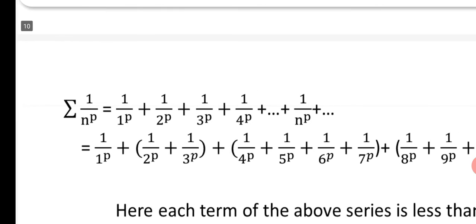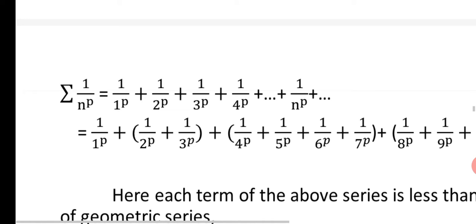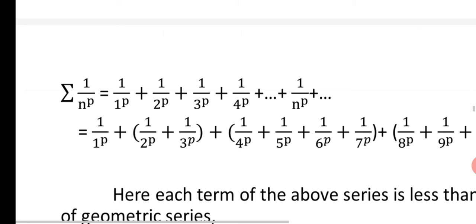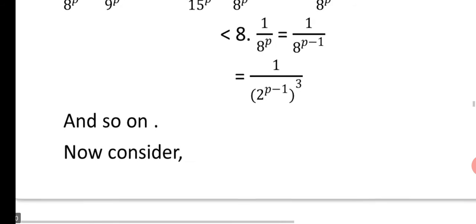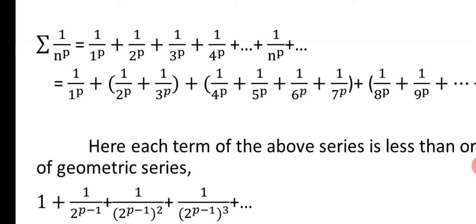Now consider the given P series, which can be written as summation 1 by n to the power of p is equal to 1 by 1 to the power of p plus 1 by 2 to the power of p plus 1 by 3 to the power of p etc. Using these results, this is equal to 1 by 1 to the power of p plus 1 by 2 to the power of p plus 1 by 3 to the power of p plus 1 by 4 to the power of p plus 1 by 5 to the power of p plus 1 by 6 to the power of p plus 1 by 7 to the power of p, like that.